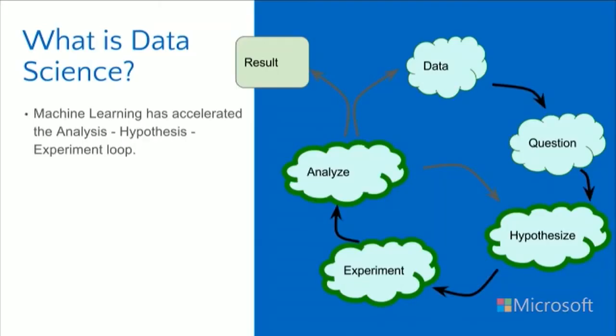But people realized that there's no reason you have to come up with that hypothesis each time. You could run a suite of hypotheses, and computer science has started to evolve where it's doing the hypothesis, the experiment, and then the analysis, that whole chunk.